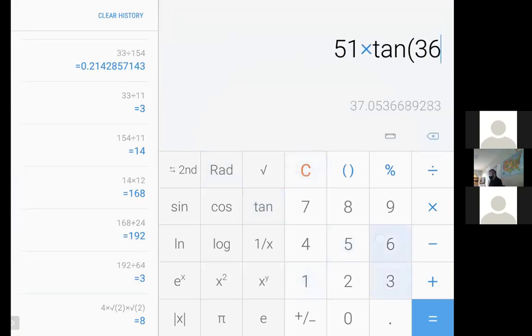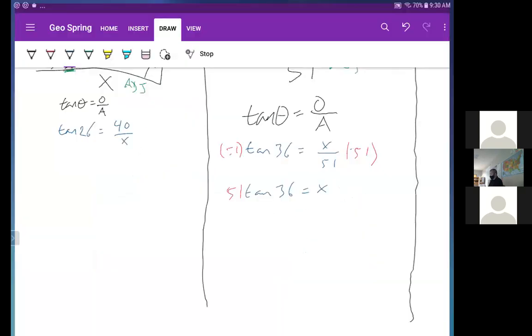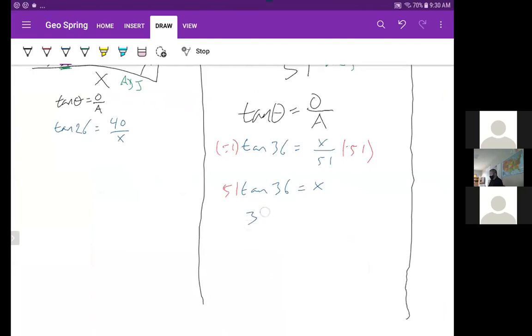Fifty-one tangent 36. Let me check this to make sure I'm in the right mode. Oh yeah, it's in degrees. Notice it says degrees here. If you do it in radians, it's going to be wrong. So anyway, the answer is 37.05.